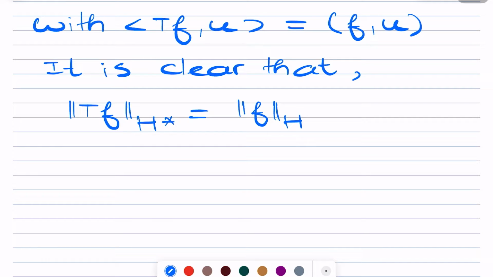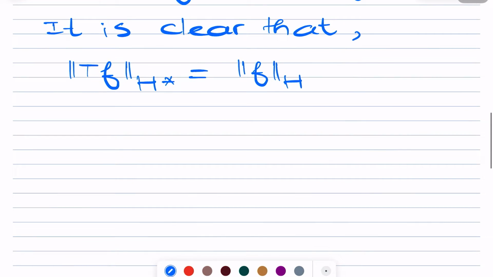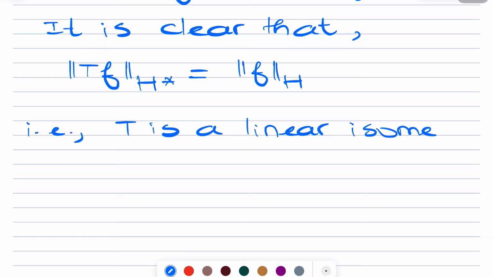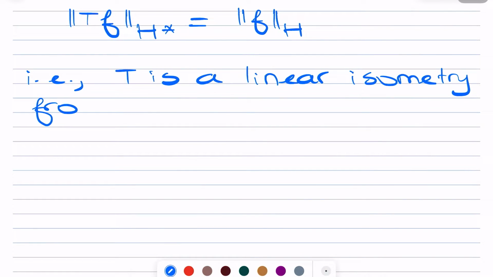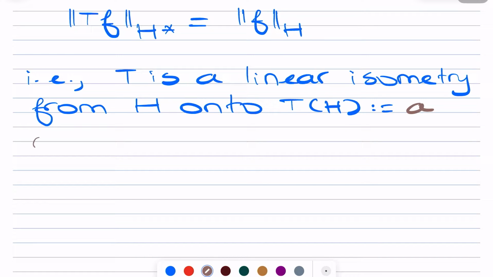So this means T is a linear isometry from H onto T(H), which is a closed subspace of H star.